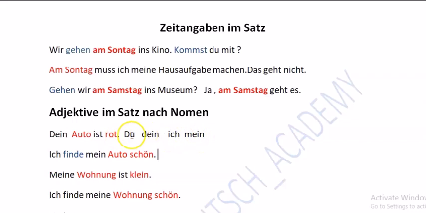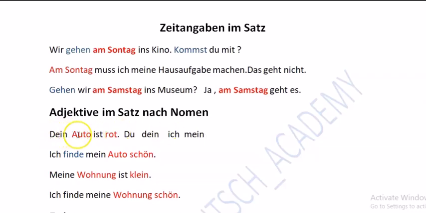It means about the possessive form. For example, we say you, your. So here we say dein Auto, your car. Du, dein, and when we use ich, then we use mein. Dein Auto, mein Auto. Your car, my car.